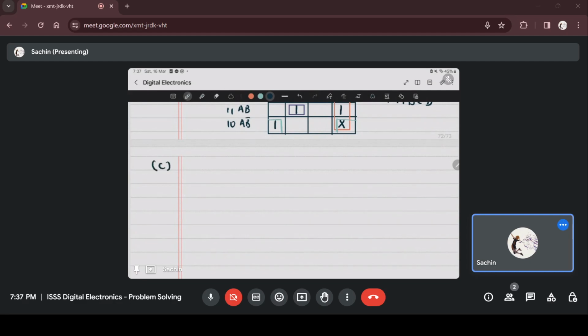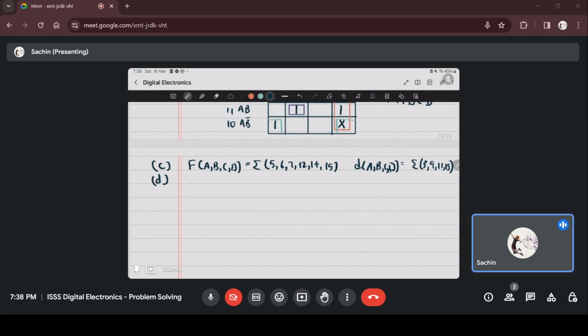Part C, f of ABCD is summation 5, 6, 7, 12, 14, 15. We don't care D of ABCD given by summation 3, 9, 11, 15.